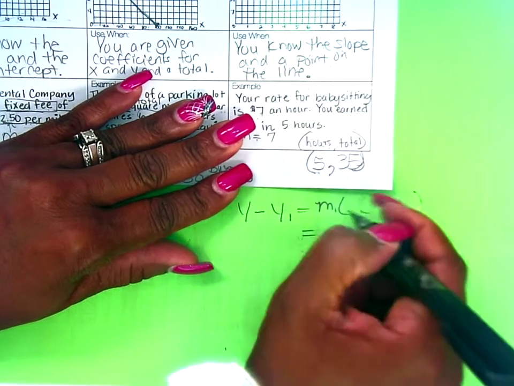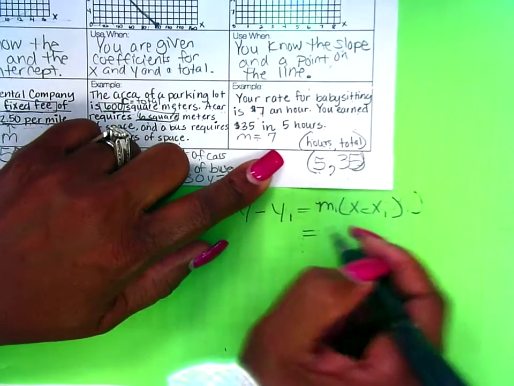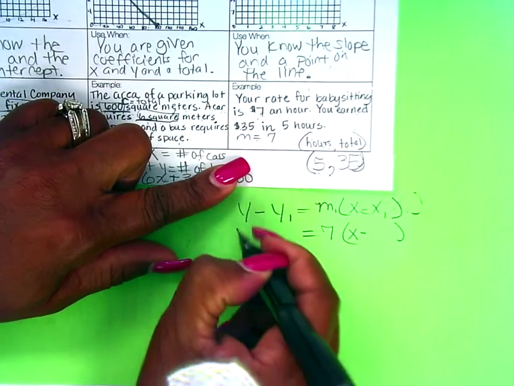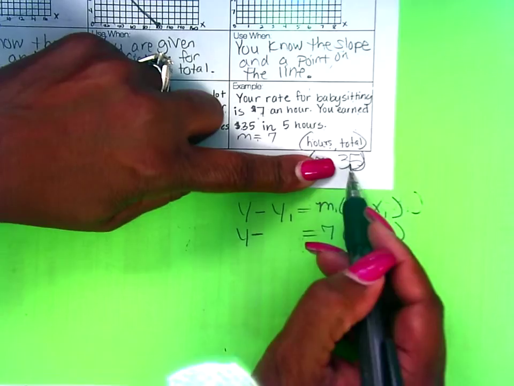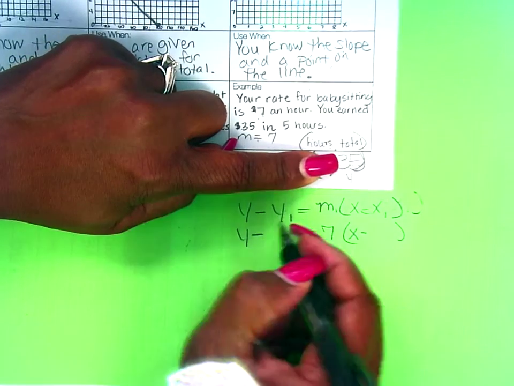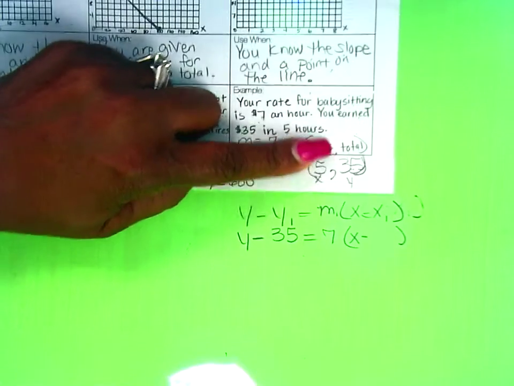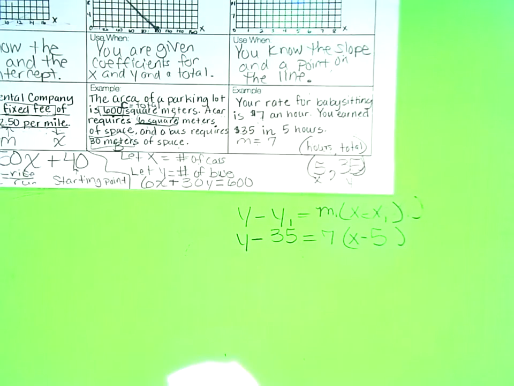Okay, here we go. We know it's $7. Then my y, I label x and y. This is a y, 35, so I'm going to put 35 here, and then I know that my x is 5. Bam, I got the equation.